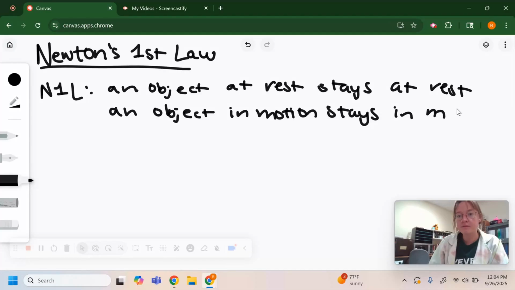An object at rest stays at rest. An object in motion stays in motion. And then I'm adding extra words here.